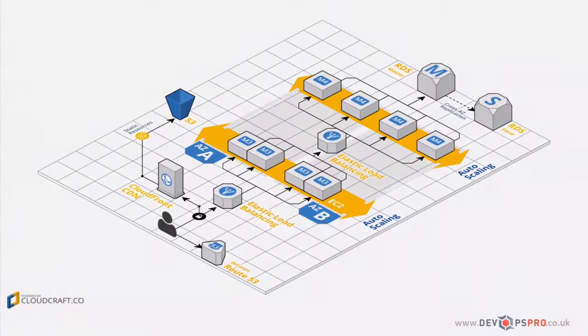Here is a small, common application. We have the user, who goes into CloudFront, which is the CDN. Behind the CDN, we have the load balancer. We have a couple of servers. They can be web front end, application servers, or cache servers, whatever you want.